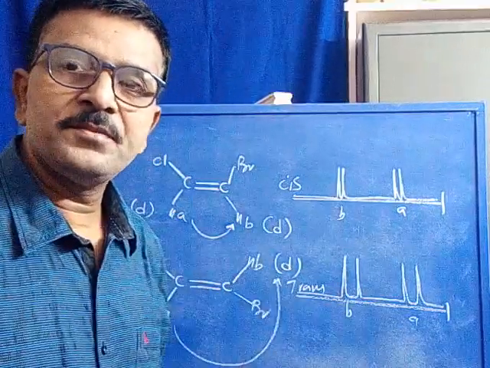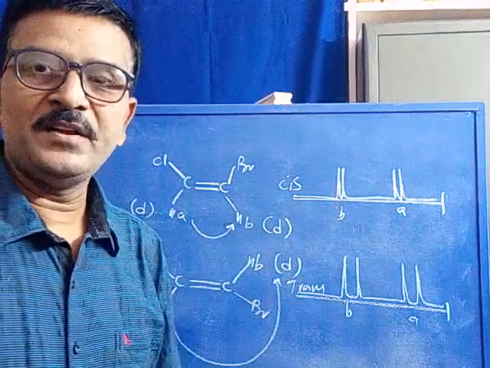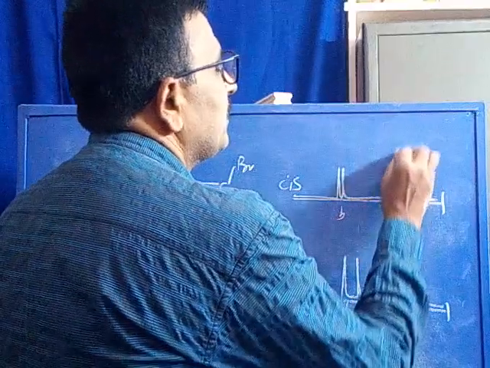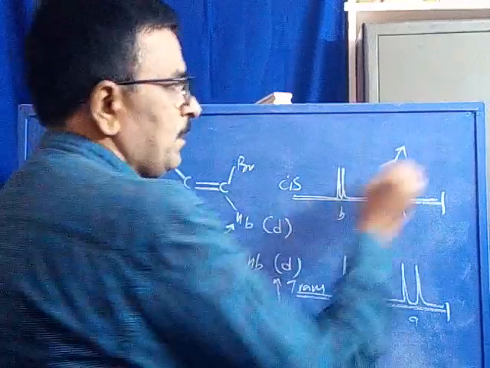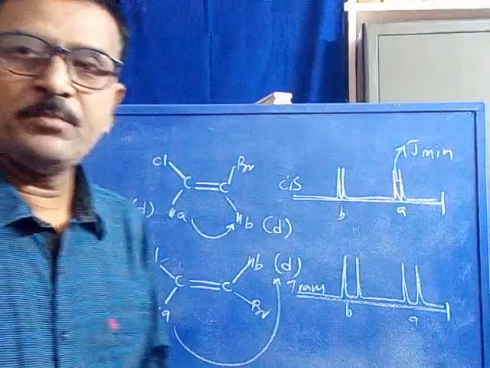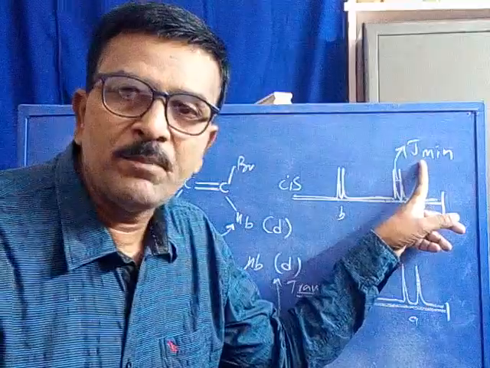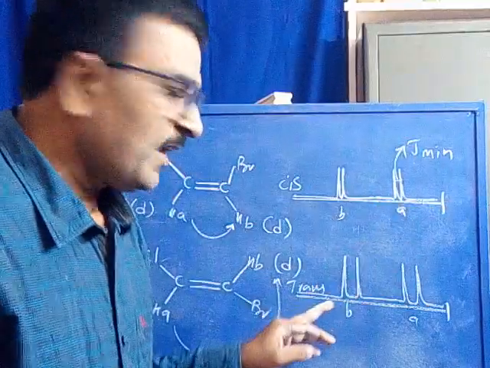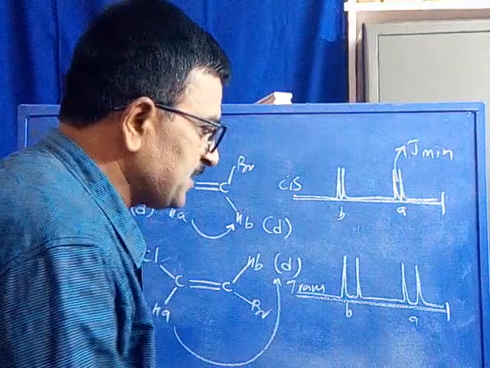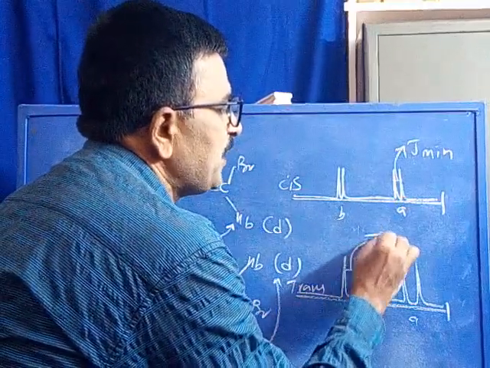Then what is the difference? That is that there is a difference in the coupling constant. Now the coupling constant in the cis isomer, J, is minimum. The distance between the two lines of the doublet is minimum. Whereas in the trans isomer, however there is a doublet, the distance between the two lines is maximum, J maximum.